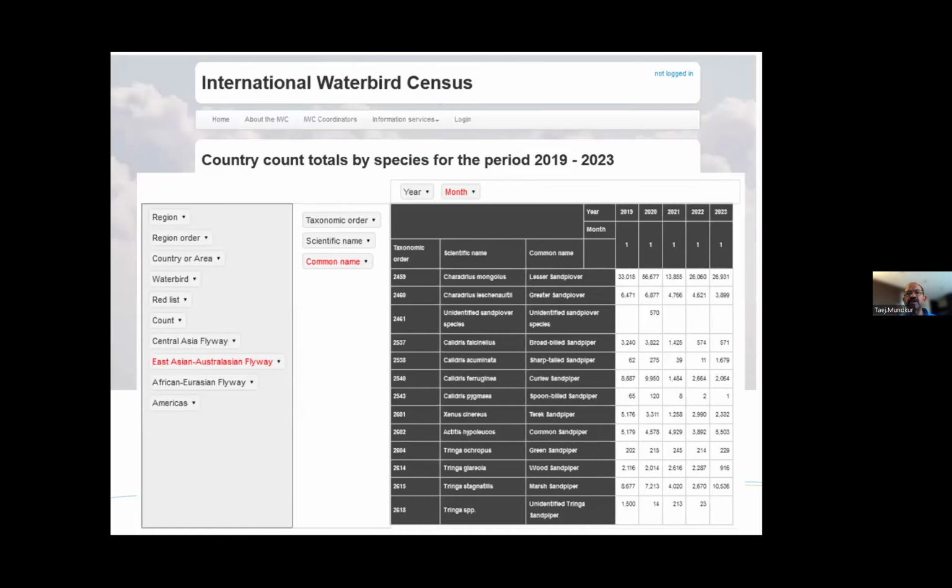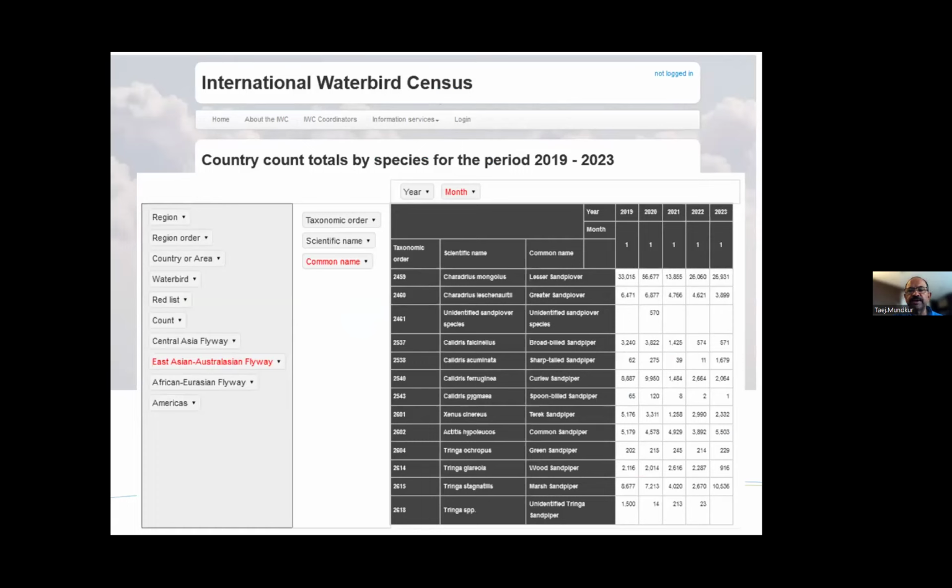The information that we receive is uploaded either directly by the national coordinator or regional coordinator, and we then summarize the information. We don't show the raw data on our website, and every year we update it for the latest 5-year period.